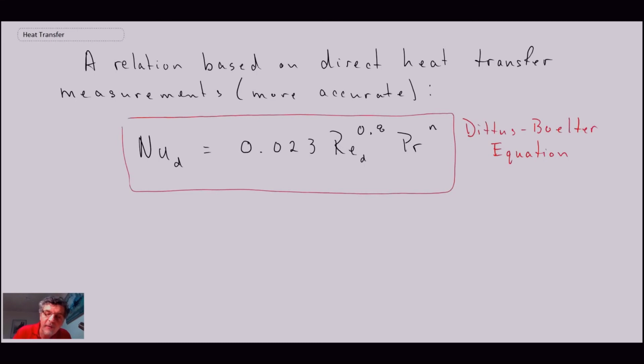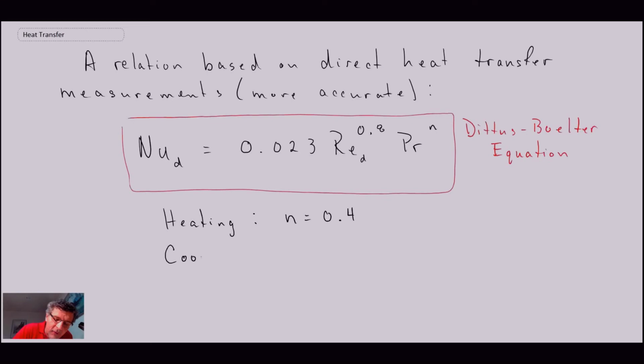Now there are other expressions that are a little bit better that cover wider ranges of temperatures and Prandtl numbers and things like that. But this one turns out to be quite useful because it's quite compact, not all that complicated. Notice we have an exponent n, and n will depend on whether we have heating or cooling. If we have heating, where the wall temperature is higher than that of the fluid, then n is 0.4.